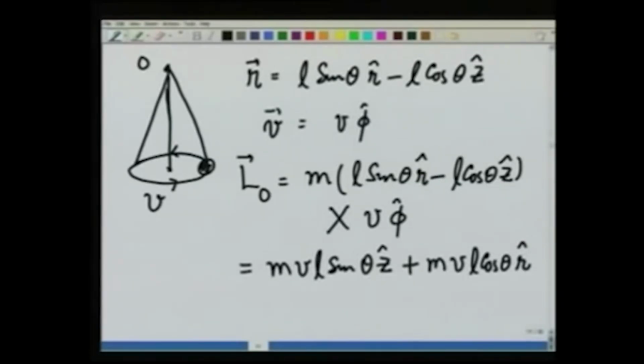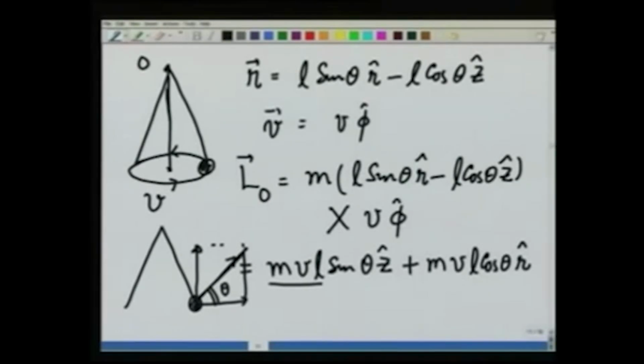Therefore, at any given point, say here, the angular momentum has a component in the z direction, m v L sin theta, and in the r direction, m v L cosine theta. Therefore, you can see that the angular momentum is going to be something like this, with this angle being theta.